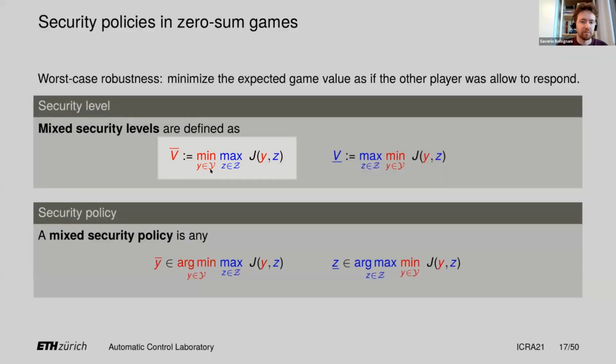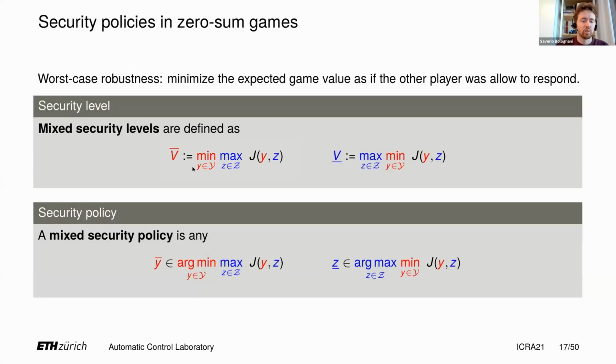This is the best minimum of the cost function J of y, z, when player 2 is allowed to maximize after player 1 has made this decision. So this is the min of the max. That's very conservative, right? So this is what player 1 can do if it can only announce its strategy and player 2 responds, and they get the outcome.